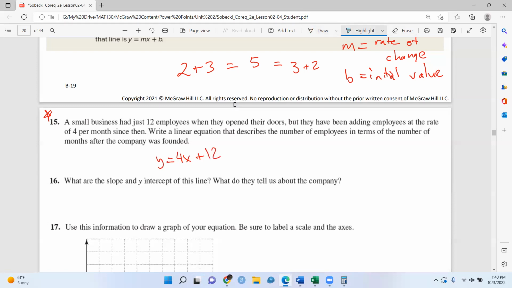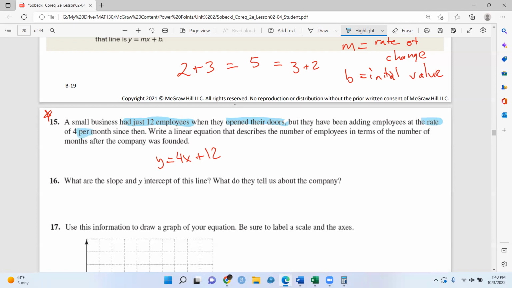So if you read carefully, if anyone didn't get that, note it says a small business had just 12 employees when they opened the doors, meaning this is an initial value. They started with 12. Then they have been adding employees at the rate of 4, keyword for any rate per month.